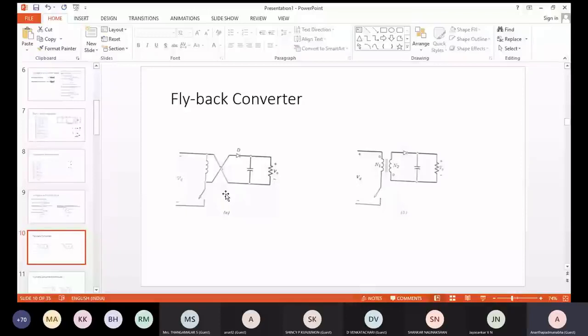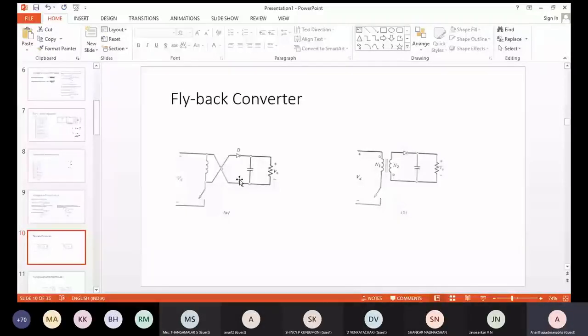So what I have done, I have just introduced a transformer in between. Because you know that in many applications, isolation is very much required, either for safety reasons or for voltage level matching. Maybe the purposes are different, but there are many occasions where we need isolated versions.